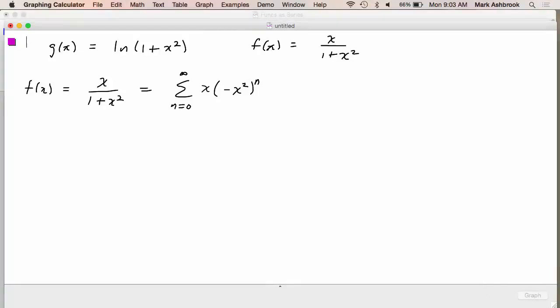In your web work and on the exam, you'll have to come up with that function f. That's like what we did on Friday. It's not going to be given to you. You have to come up with this function f that you can write easily as a power series because it's in the form a over 1 minus r. And also, it gets us easily, either by derivative or antiderivative, to g. So you have to come up with that.